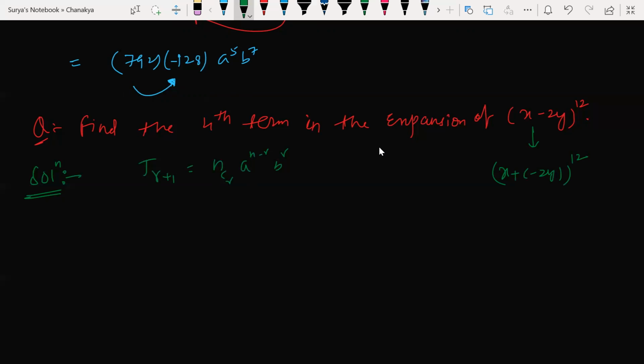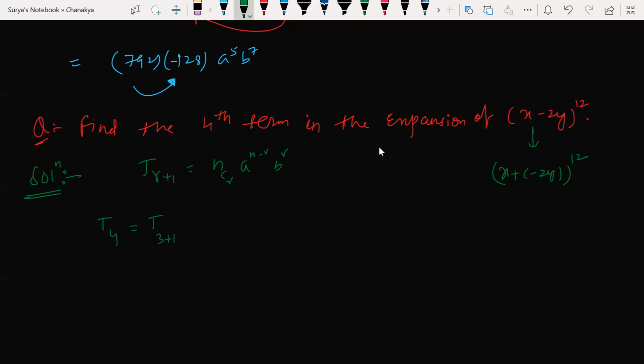Now we need the fourth term, right? Fourth term is nothing but what? T4 I need. So T4 can be written as T3 plus 1. Am I correct? What is the r value now? r value is 3.